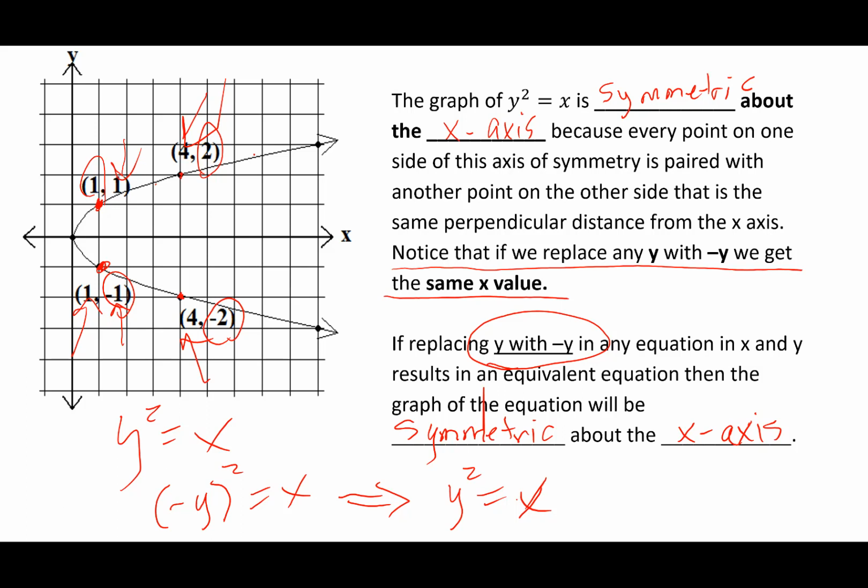You would look at the equation and replace all the y's that you see with a negative y and do to them exactly what you're supposed to do in that function and see if in the end the function just goes right back to the way it was. If that's true, when you replace y with negative y, then you'll know that it's symmetric about the x-axis.